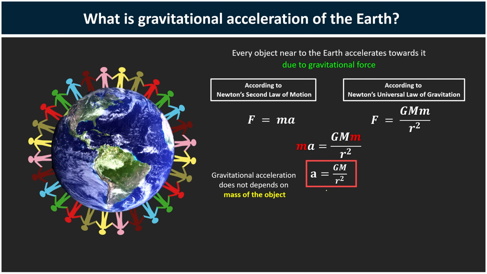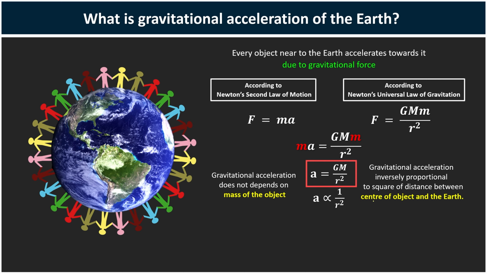And since both G and M are also constant, it means our gravitational acceleration will only be affected by the distance from the center of the object to the center of the Earth.